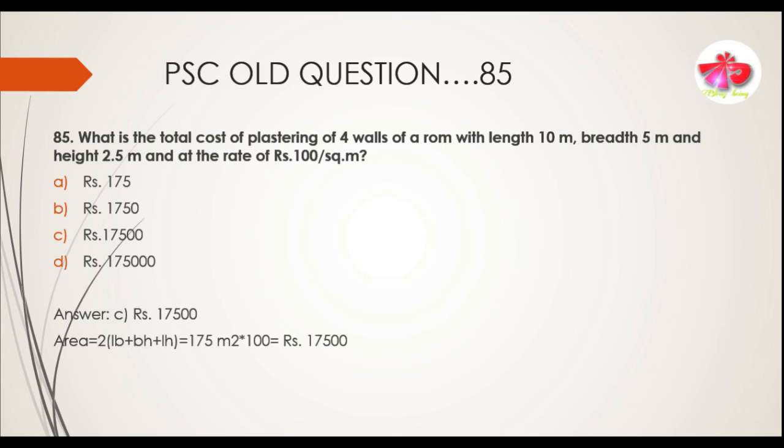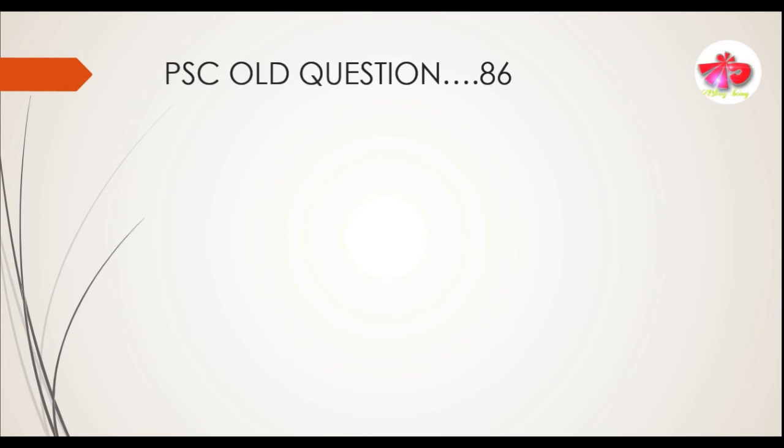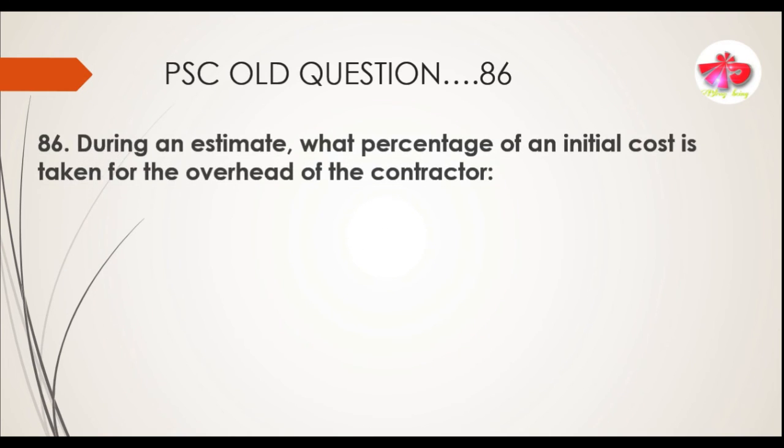If you multiply the total area with the rate per square meter, you will easily get 17500 as the correct answer. Question number 86. During an estimate, what percentage of initial cost is taken for the overhead of the contractor? Option A, 15%; option B, 10%; option C, 5%; option D, 20%. So friends, option A, that is 15%, will be the correct answer.